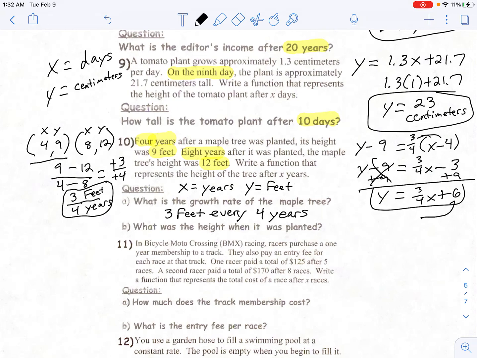Well, where is your initial value always? Right there, okay? So that's why we do the equation like we do it, because the answers are going to be in the equation. So what was the original or initial height when it was planted? Okay, 6. Well, 6 what? 6 feet was the height.